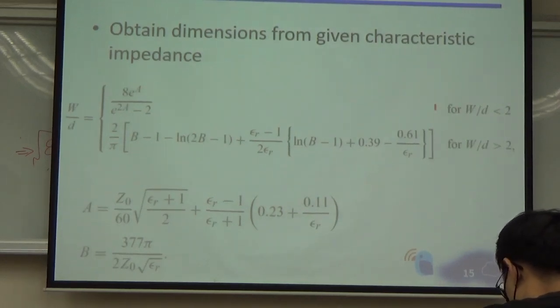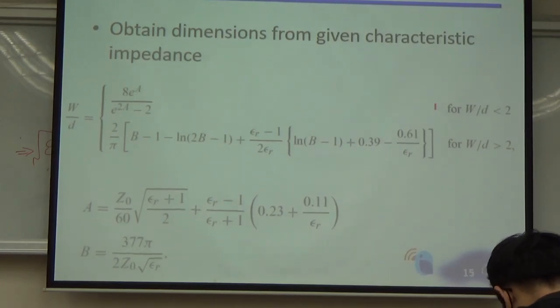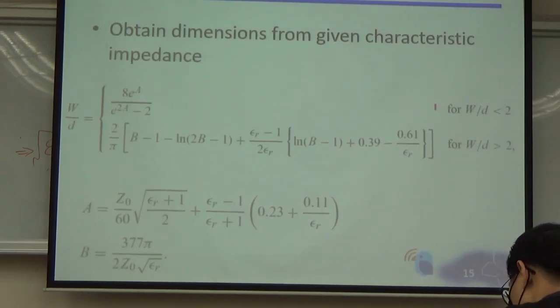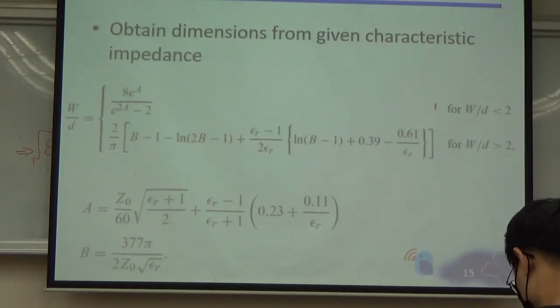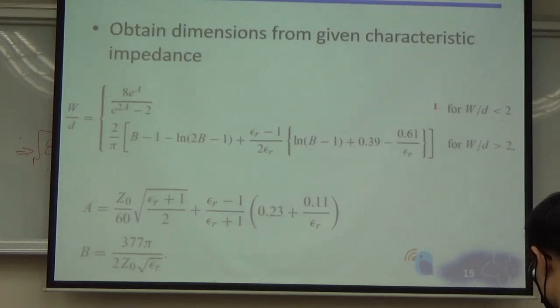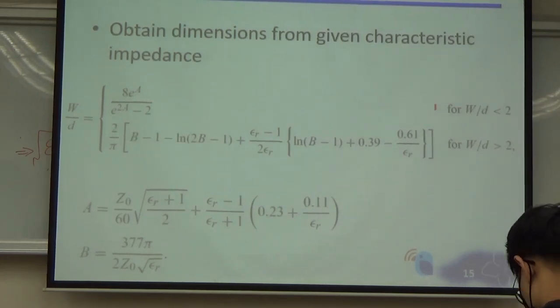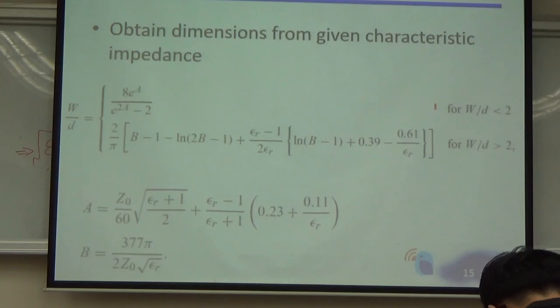Because if you listen carefully, you remember that I told you this is a numerical result, right? That's why you don't have only the single answer. You don't have the easy answer. This is the numerical result. So maybe use different method, have different accuracy.